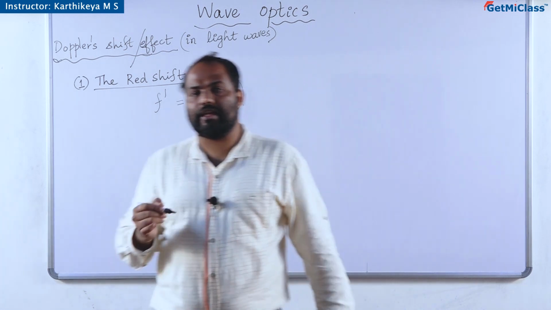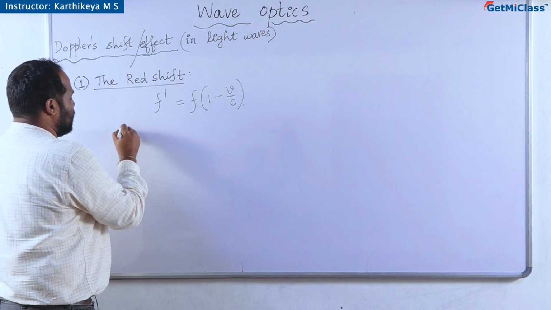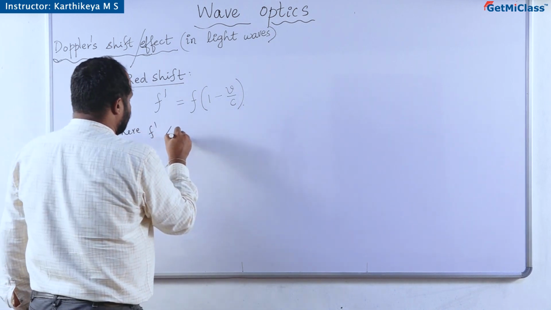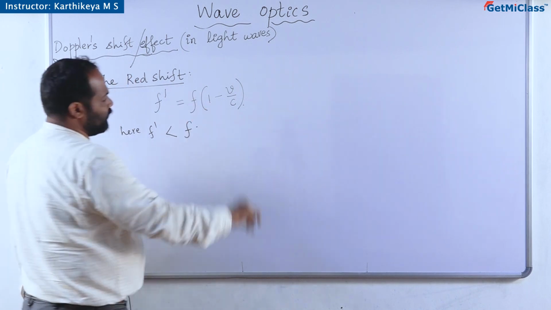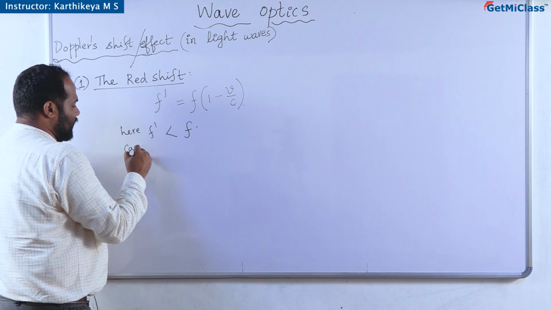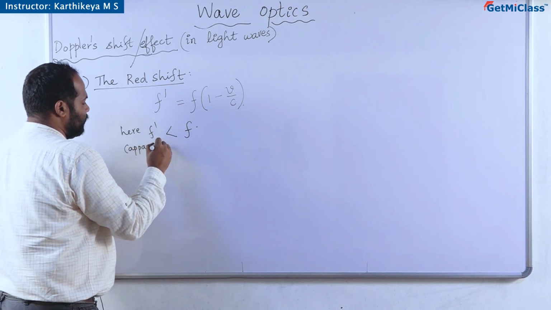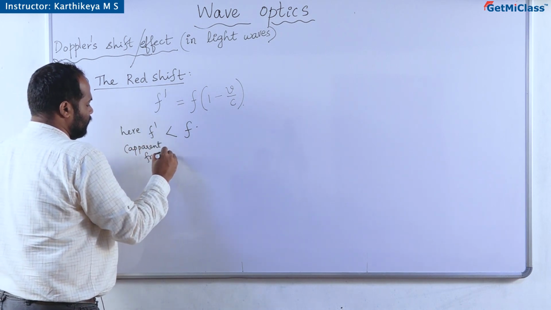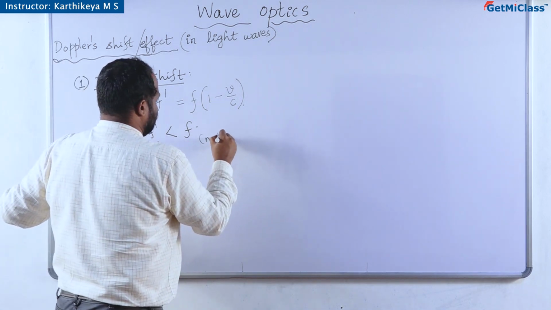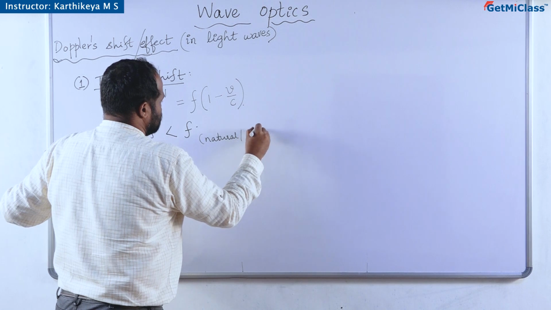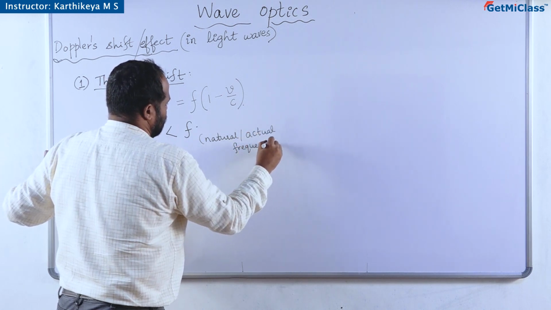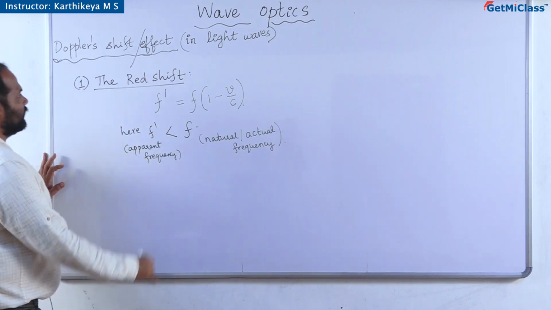This is a decrease in frequency. Here apparent frequency is lesser than the actual frequency, where f dash is the apparent frequency and f is the natural or actual frequency.